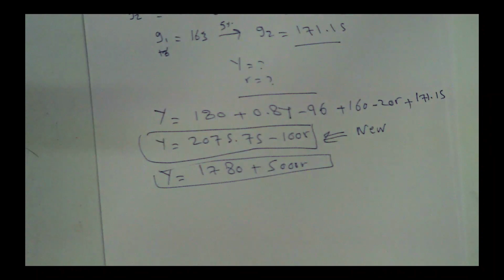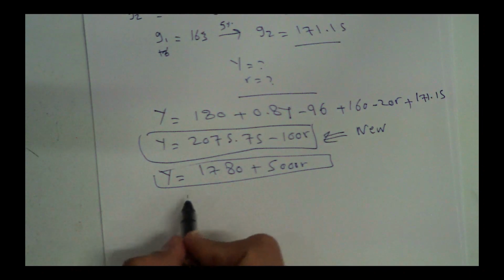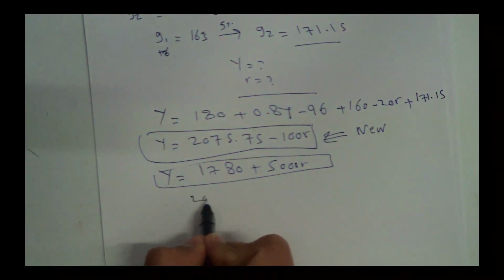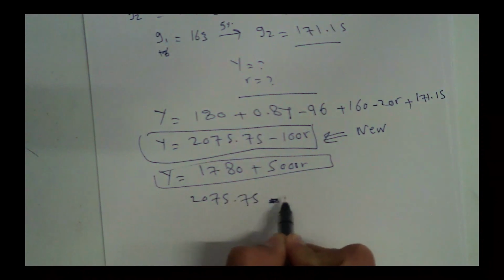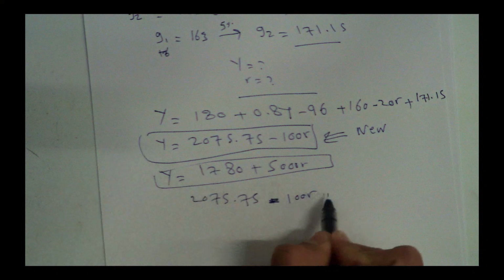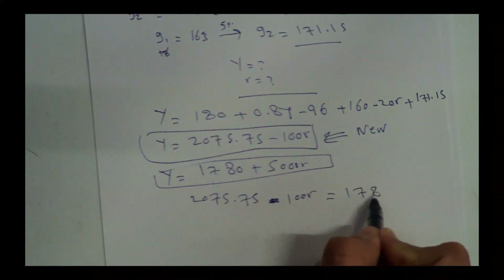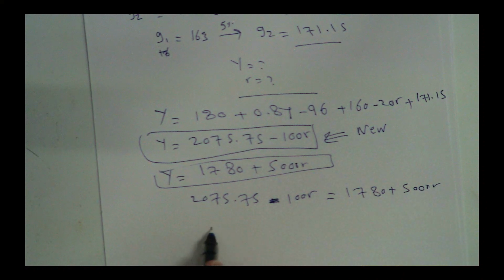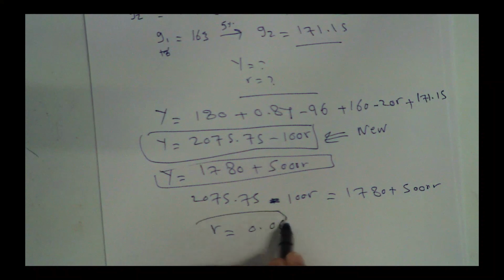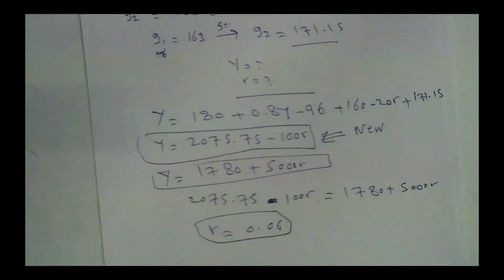So from here, we could say that 2075.75 minus 100R, which is the first equation, equals 1780 plus 5,000 R, and from here you can find out that R actually is 6%. So R has changed from 5% to 6%.